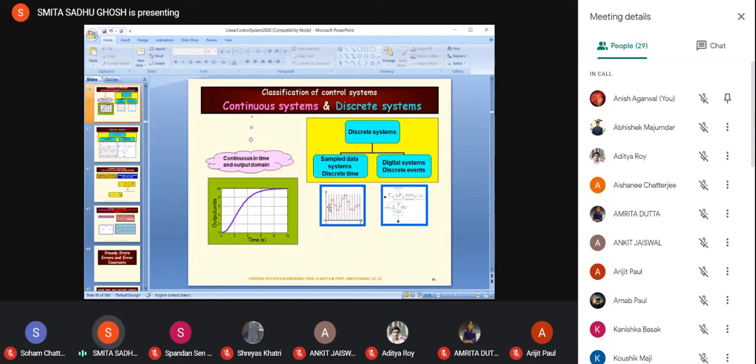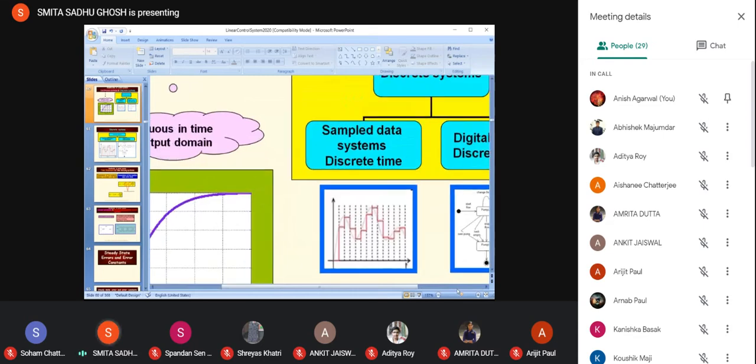In the middle one, let me just zoom in a bit, this plot is what I'm trying to show you. Now you find that the dotted lines show you discrete instants of time. Let us say this is 1 second, this is 2 seconds, 3 seconds, 4 seconds, and so on. The dotted lines come and join this axis at discrete instants.